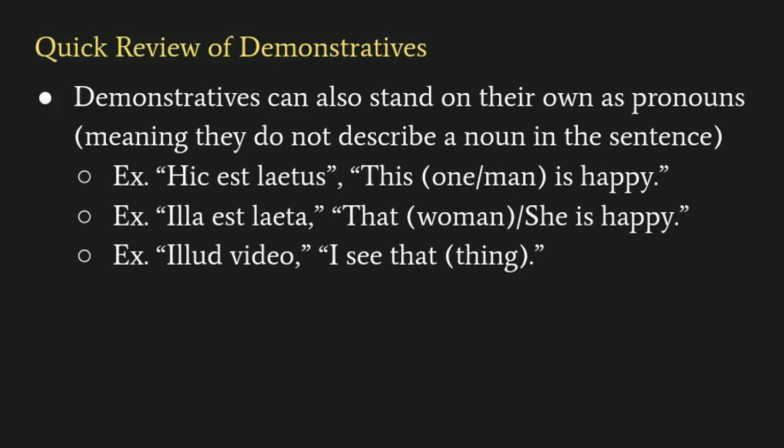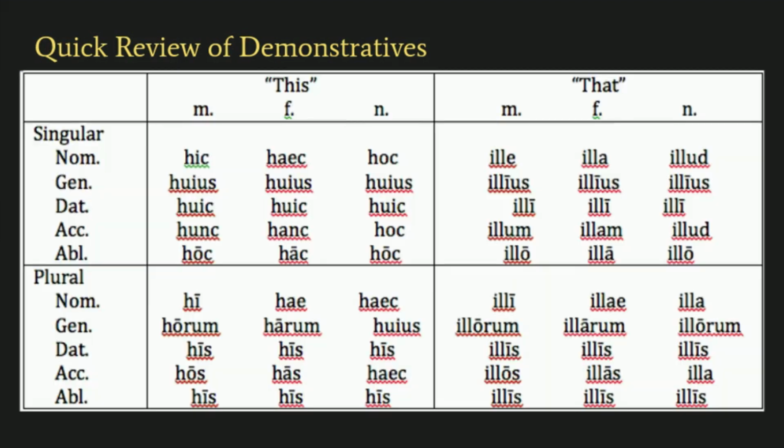That person is happy. Or I could say video illud or illud video. I see that thing, right? Illud is a neuter. So when they stand on their own, you translate them the same way. It often means, depending on the gender, this man, this woman, this thing, but they don't necessarily need to be going with an adjective, right? So sometimes they're functioning as pronouns. Like I said, though, more often than not, you're going to see them as adjectives.